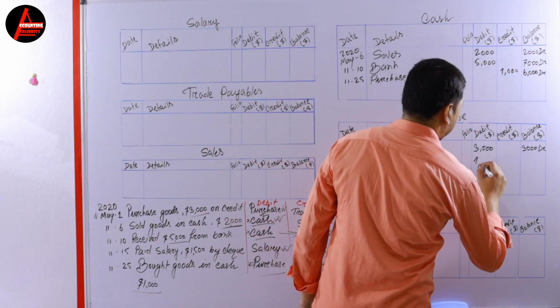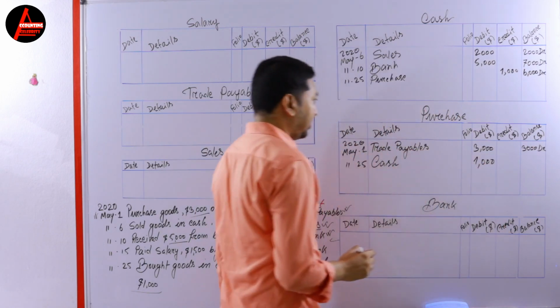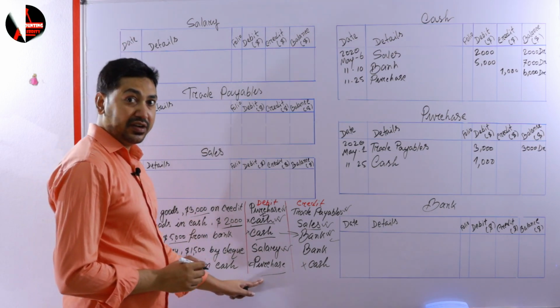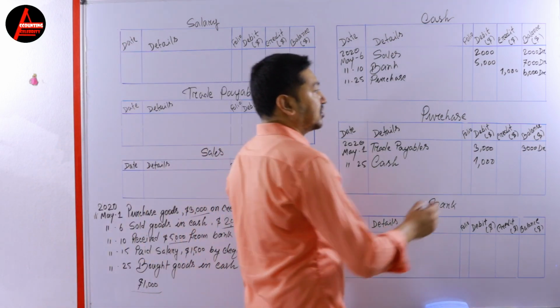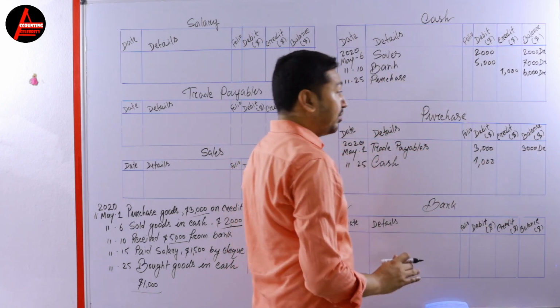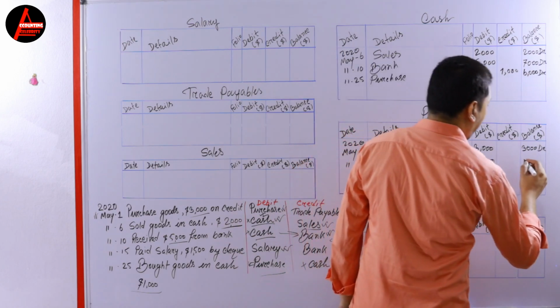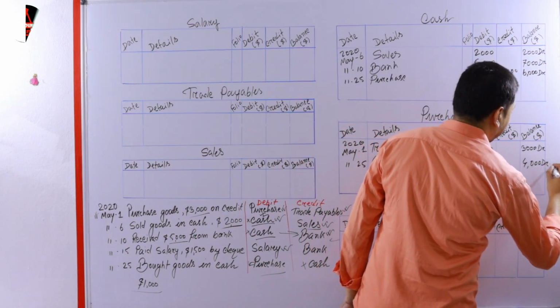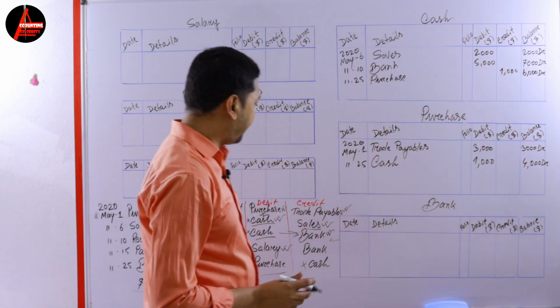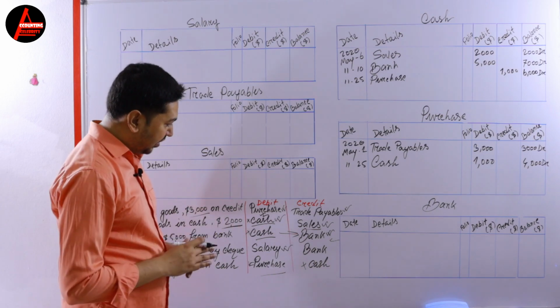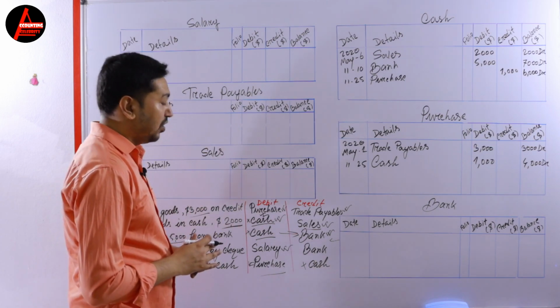So write here $1,000 in the debit column, because the account purchase is here debited. So previous value is debit, again you have debit, so debit plus debit you need to add. So it is $4,000 debit balance. So you had only two purchases and you wrote all these two.